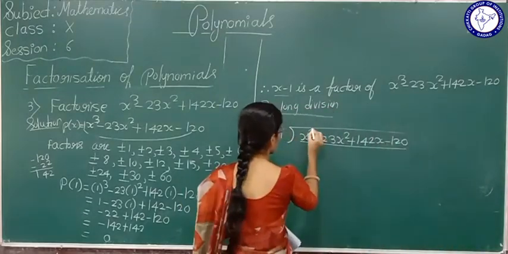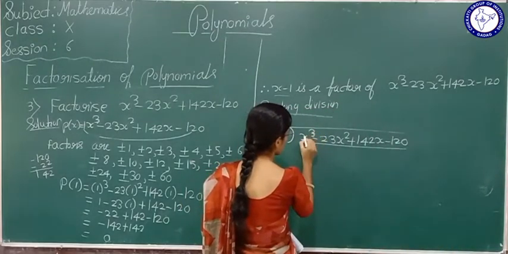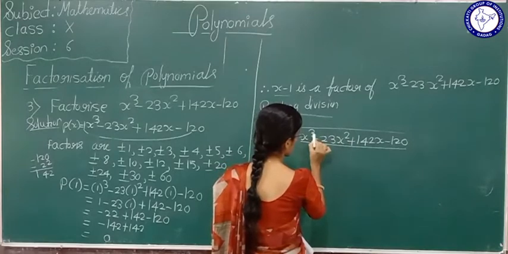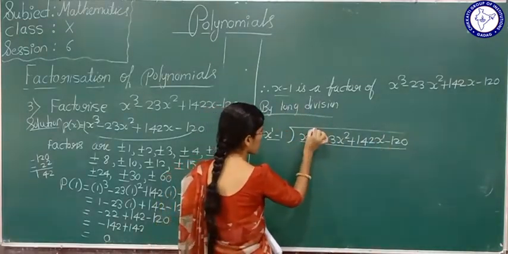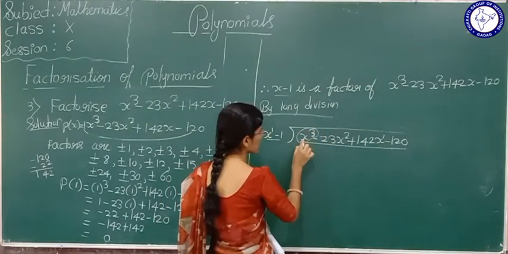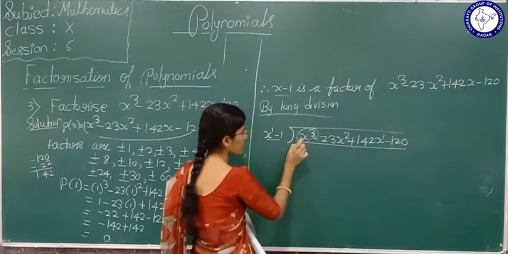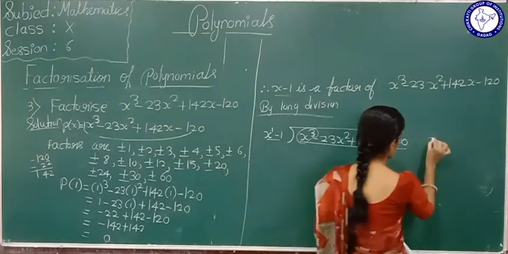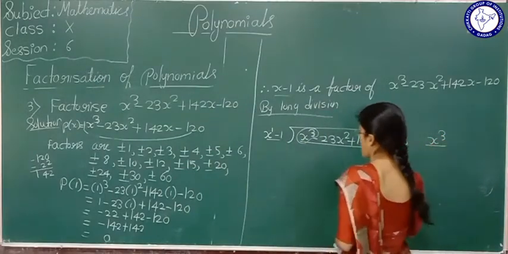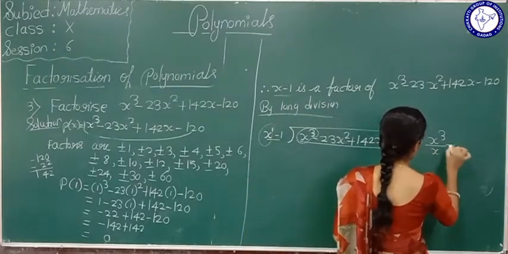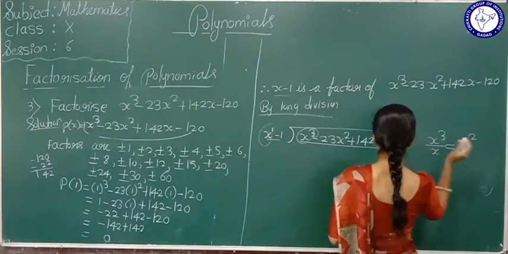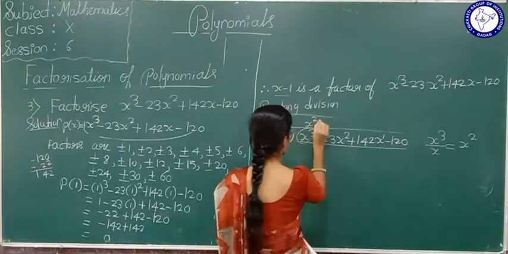Take the first, see whether all the variables' powers are in decreasing order. Yes, 3, 2, 1. Now take the first term of the dividend, it is x cube. X cube by the first term of the divisor, x. X cube by x is x square. Write here x square.